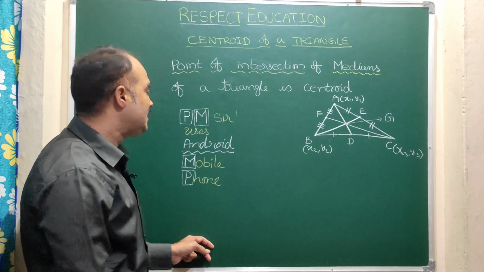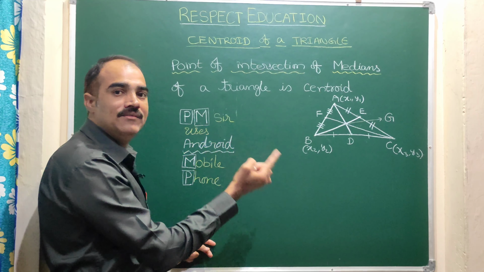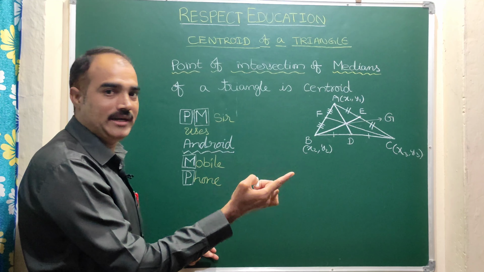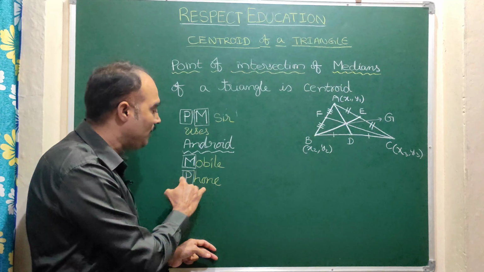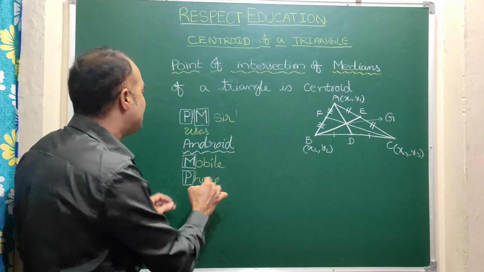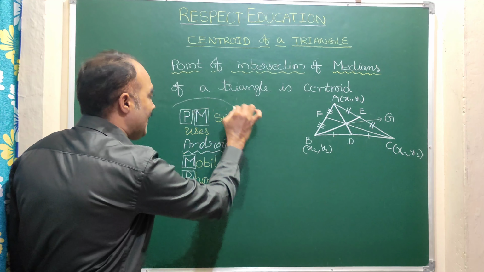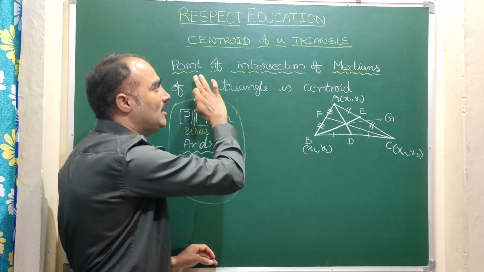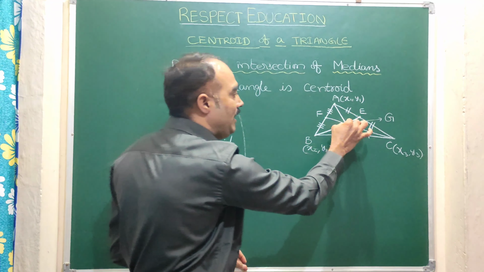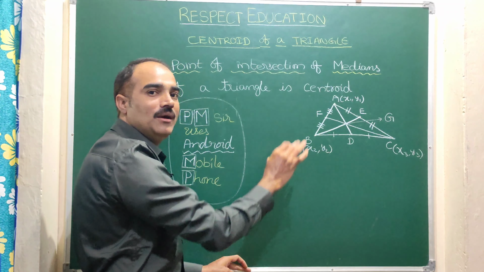And one more thing is that median is linked with midpoints. So here midpoints, mobile phone, M for mid, P for points. So just remember this as a catchy concept. The main concept is that point of intersection of medians of a triangle is called centroid.